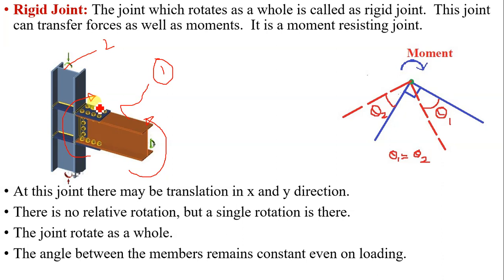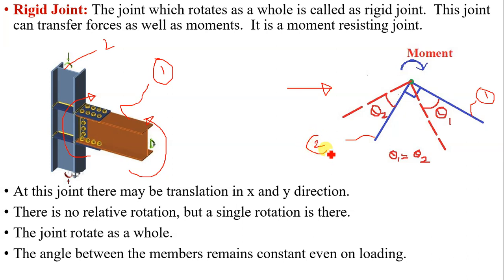This joint rotates as a whole. Let us say this is a rigid joint. This figure shows the behavior of a rigid joint. The first member, a blue color line, and this is the second member.